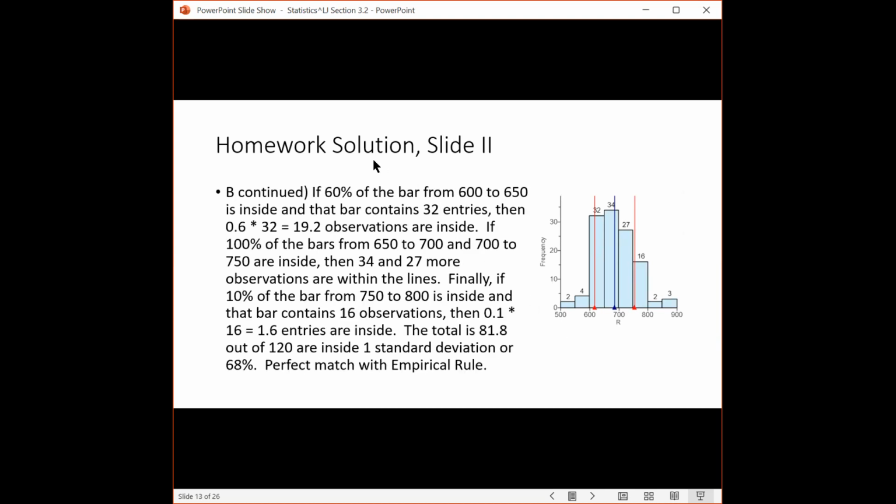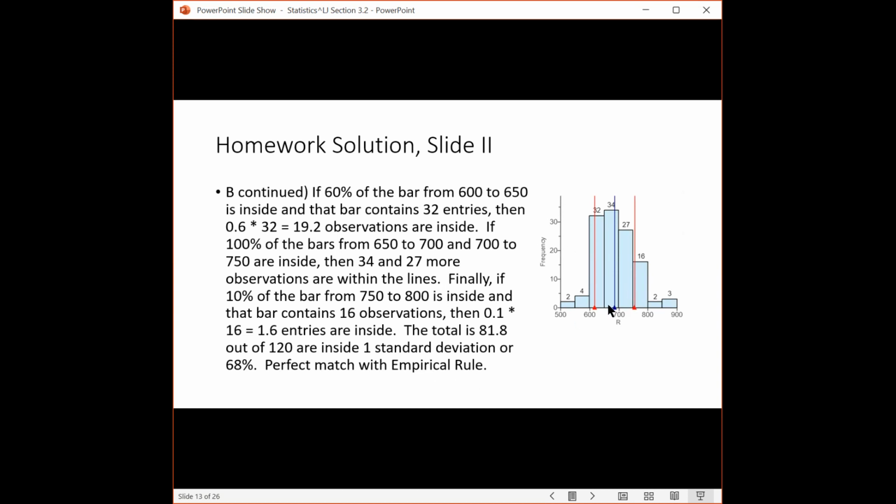All right, so once you've done that, if 60% of the bar is within the interval and the bar contains 32 observations, then we can multiply the 2 and get the number of observations that would be within the interval. So 60% times 32 is 19.2. So 19.2 observations, we're saying from this first bar are within the 1 standard deviation.